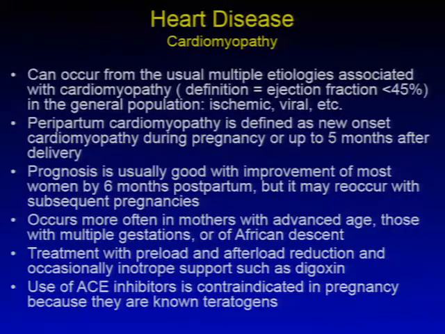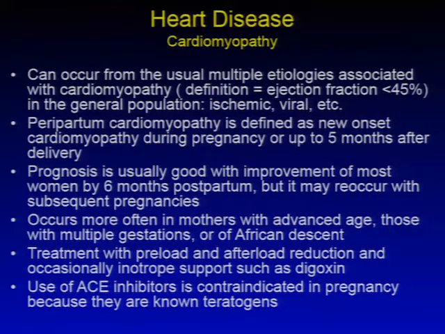The prognosis is generally good for women with peripartum cardiomyopathy, with improvement of most women by 6 months postpartum, but it does have a tendency to reoccur with subsequent pregnancy. It may occur more often in mothers with advanced age or those with multiple gestations, or unfortunately those of African descent.